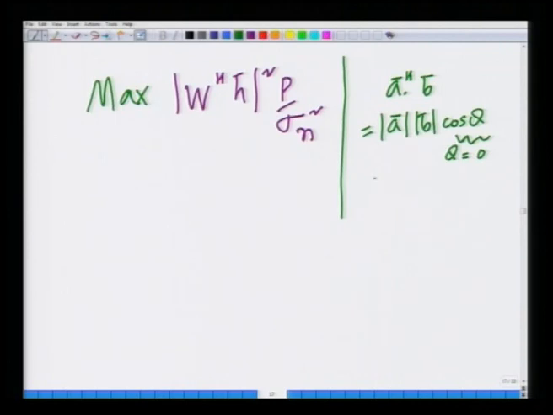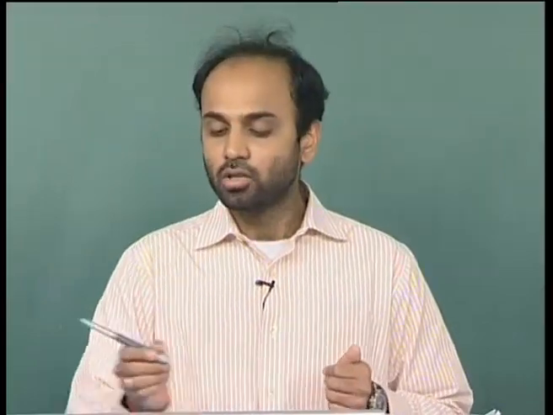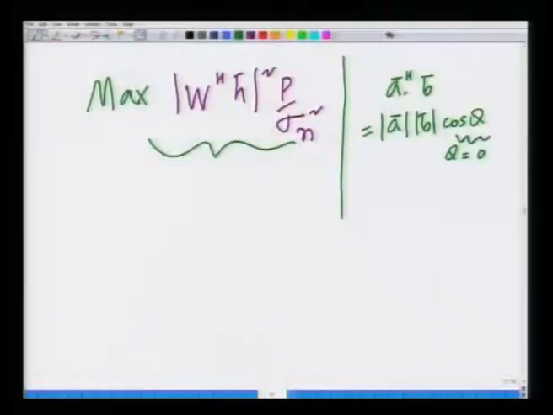That means vector A bar is in the direction of B bar, that is, the angle between them is 0, or A bar is some constant times B bar. Similarly, this SNR here is maximized when W bar is some constant times H bar.